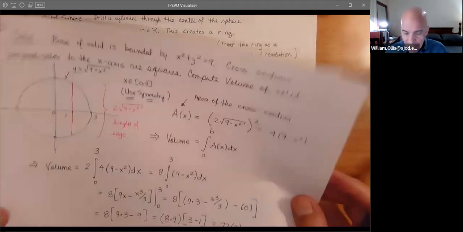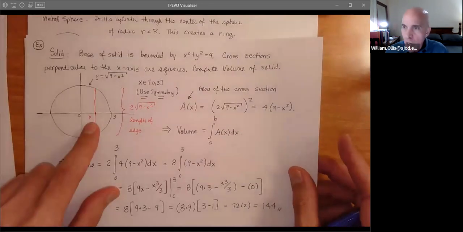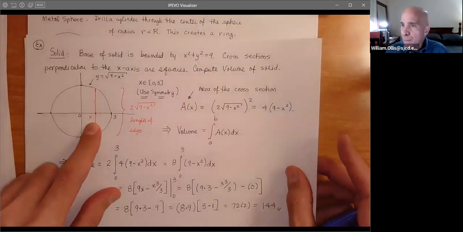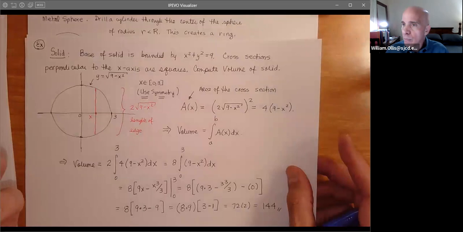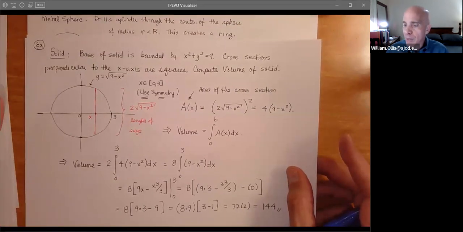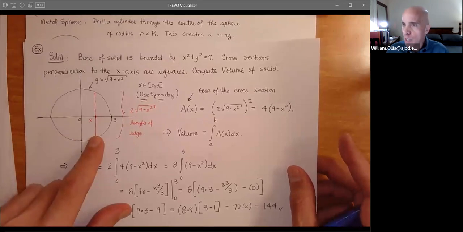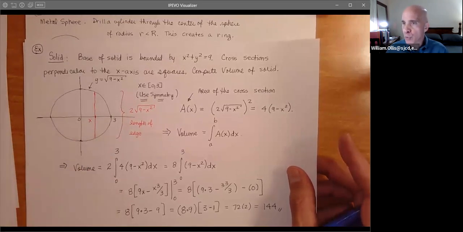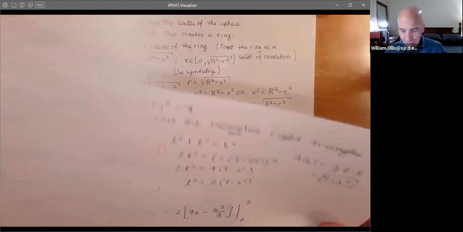And then we think about an instance where we don't think about a particular problem in terms of the disc or washer method. We think about it in terms of a cross section, which we prescribe. Okay, so very restrictive.